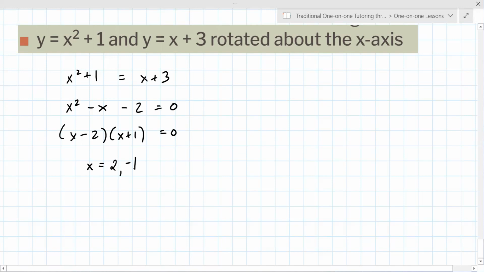Okay. All right, now we really should figure out which one is the top one and which one is the bottom one. And to do that, I mentioned this before, you can test a point between the two bounds.